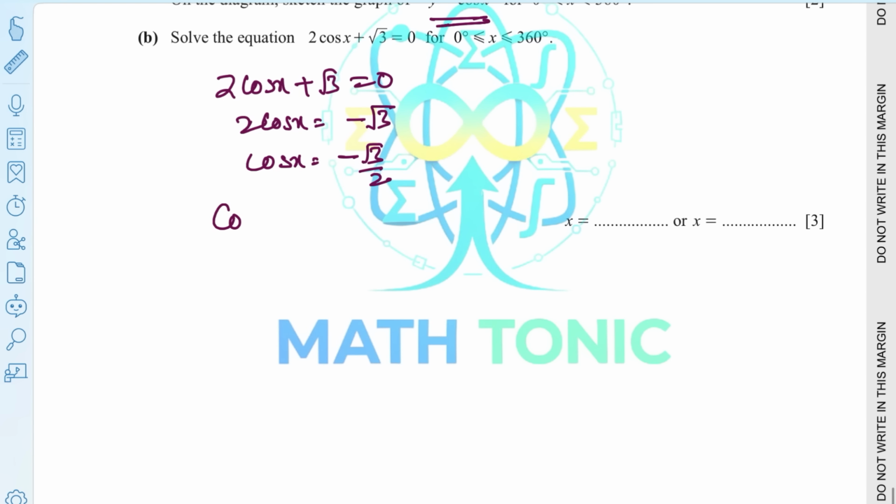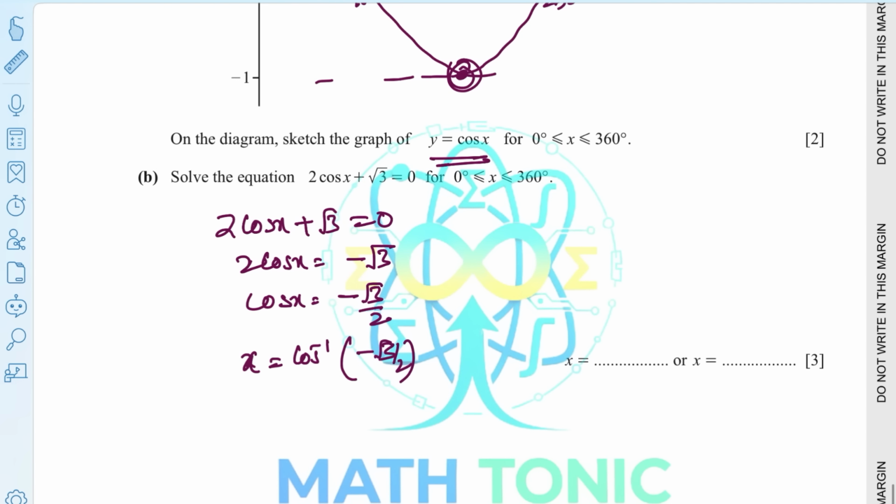Now, how to find the angle? x equals cos inverse of minus root 3 over 2. How to get this without a calculator? You should know the basic values. We know that cos 30 degrees equals root 3 over 2 for the positive angle.